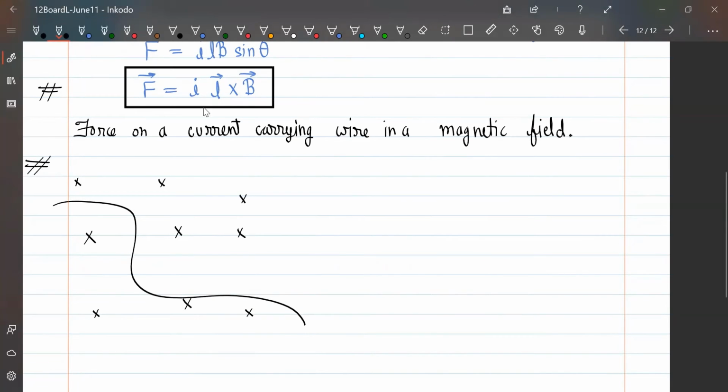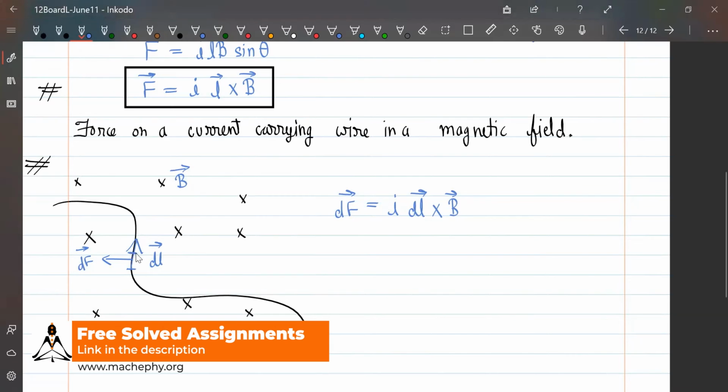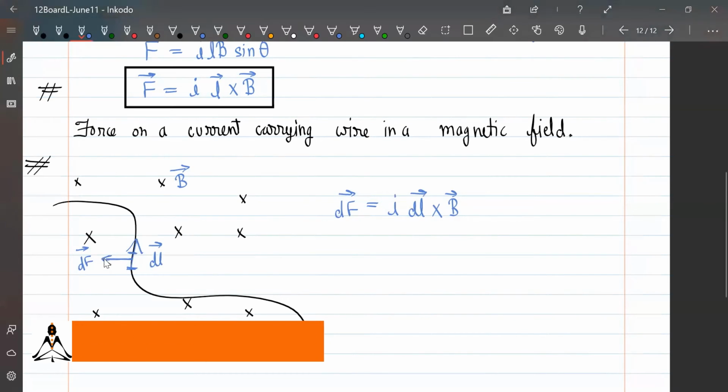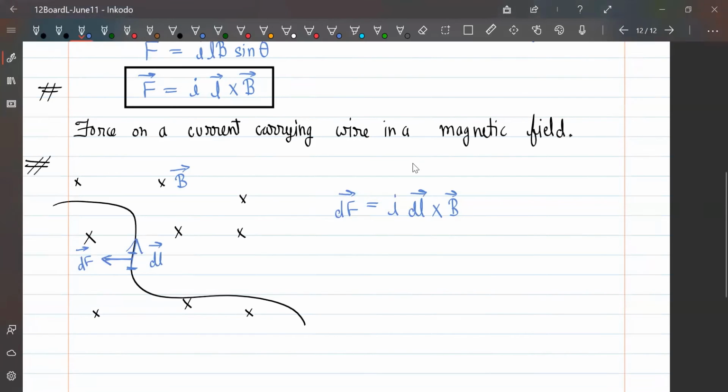So I can take a small element, call it dl vector, and the force acting on the dl vector will be dF vector. So dF vector can be written as I into dl cross B. This is the more accurate formula. We have taken the magnetic field as uniform. At any point the magnetic field is B vector, and the force on the dl element will be perpendicular to it. So dl cross B, again this is our A vector, this is the B vector, and by curling fingers we can find the direction of the C vector.